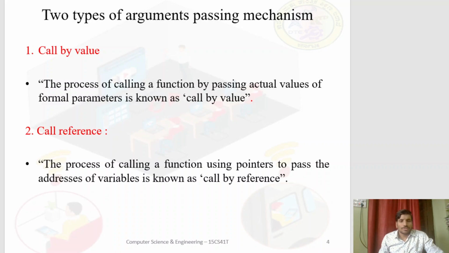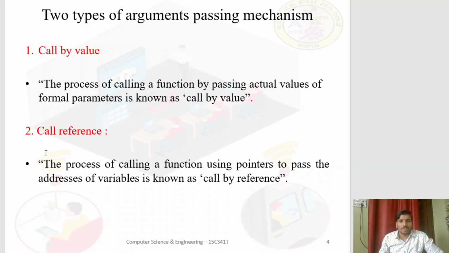And call by reference is the process of calling a function using pointers to pass the addresses of variables, known as call by reference. So actual values ಬದಲಾಗಿ ನಾವು ಇಲ್ಲಿ ಏನು ಪಾಸ್ ಮಾಡ್ತಾ ಇದ್ದೀವಿ, ಪಾಯಿಂಟರ್ಸ್ ಅನ್ನ ಪಾಸ್ ಮಾಡ್ತಾ ಇದ್ದೀವಿ ಕಾಲಿಂಗ್ ಫಂಕ್ಷನ್ ಗೆ.